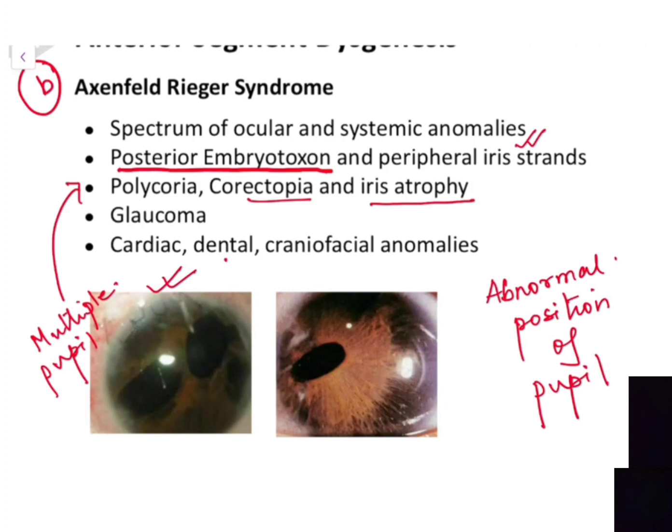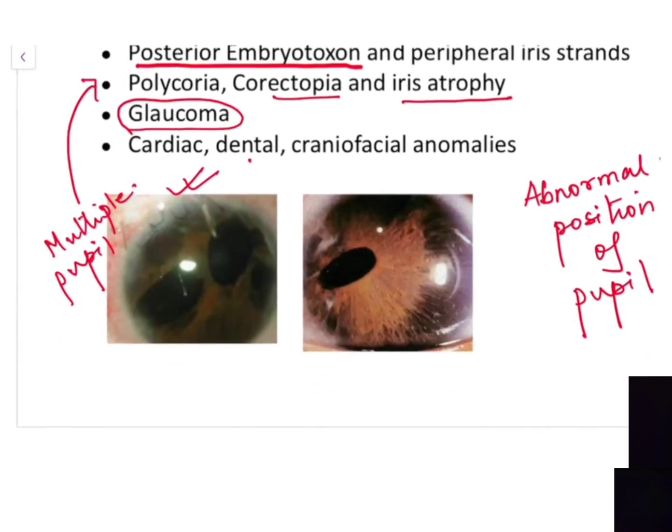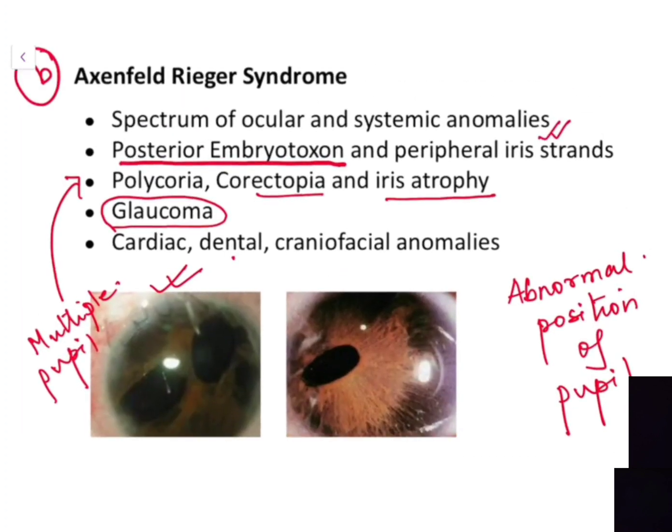And of course, if these two are involved, what is connecting them, that's the angle, that also is likely to be involved, and these patients also have a risk of glaucoma. So this is Axenfeld-Rieger syndrome. Here also, basic features I think you should know, and if you get this image, you should be able to identify this. So we started with posterior embryotoxon, which was very simple, and then we moved to a spectrum which is more complex, and that is this.